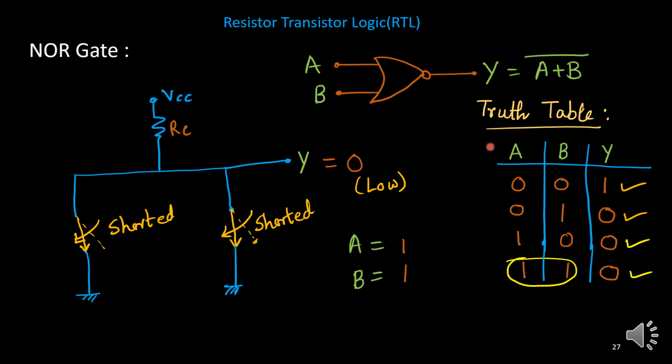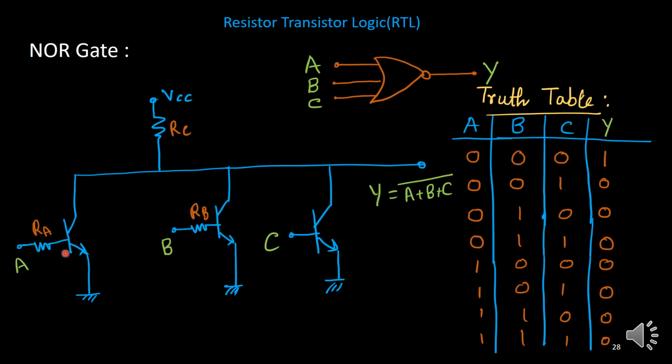We can extend this idea for more than two inputs. Here, for the NOR gate, we write it this way: A plus B, A or B, and then inverted. So it is the NOT of A or B, negated A or B. We can extend the idea for more than two inputs, A, B, C, suppose all are connected in parallel. Obviously if any one of these inputs is 1, the output is 0.